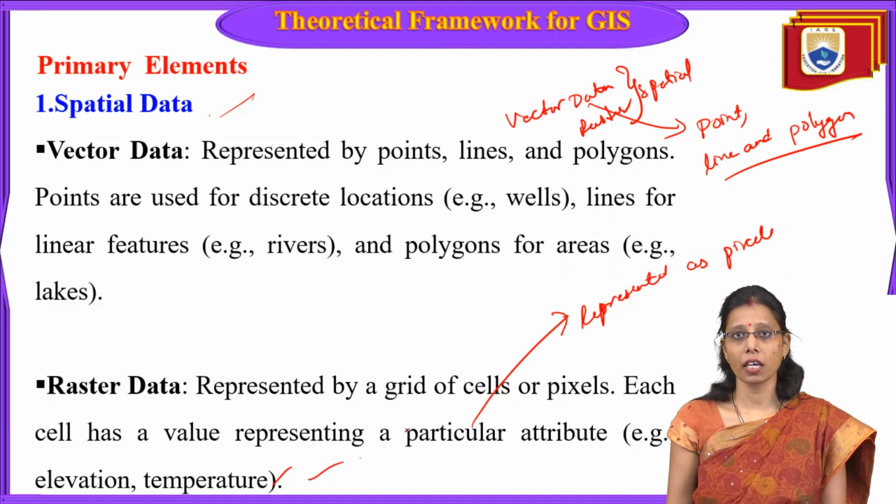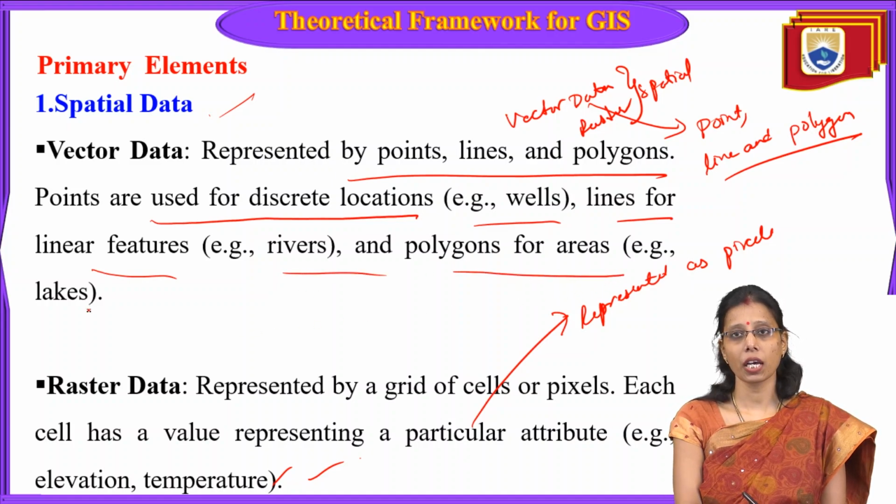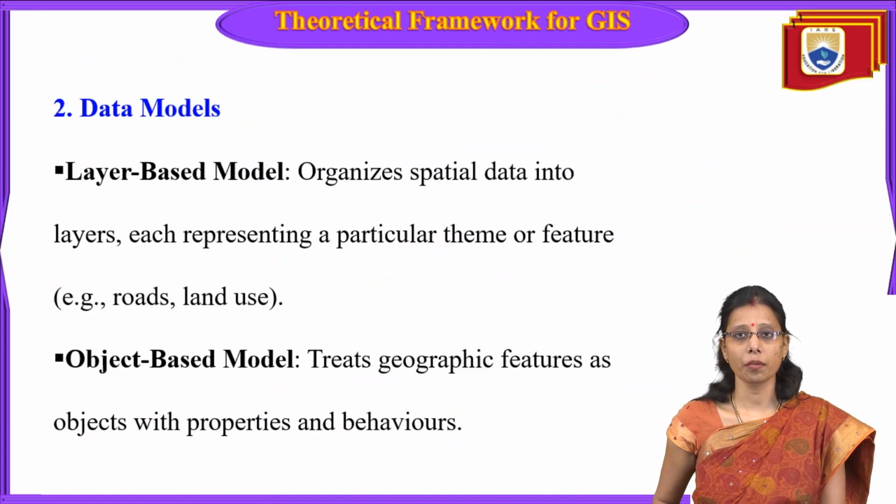So vector data is points, lines and polygons. Points are used for discrete locations, like wells; lines for linear features, like rivers; and polygons for areas, like lakes. In the same way, raster data is represented by a grid of cells or pixels, and each cell has a value representing a particular attribute, for example elevation and temperature.